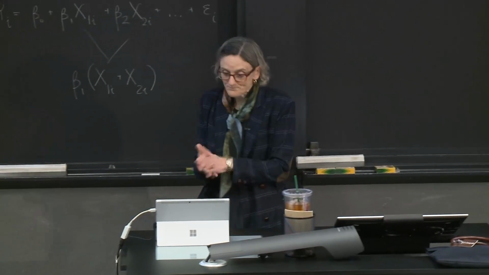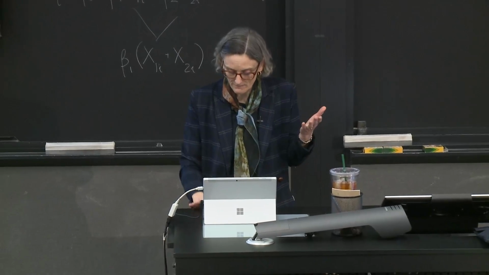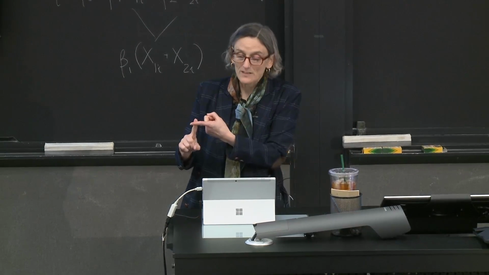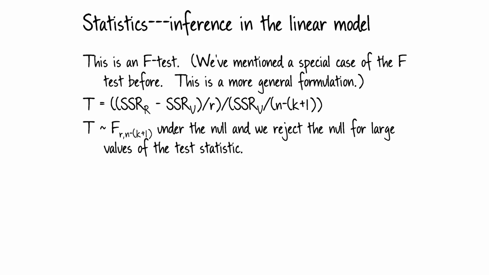Okay, so going back, we estimate the unrestricted model, we impose restrictions and estimate that model, and then we compare the goodness of fit. If the goodness of fit is not very different, we don't reject the null. If it's very different, we reject the null.